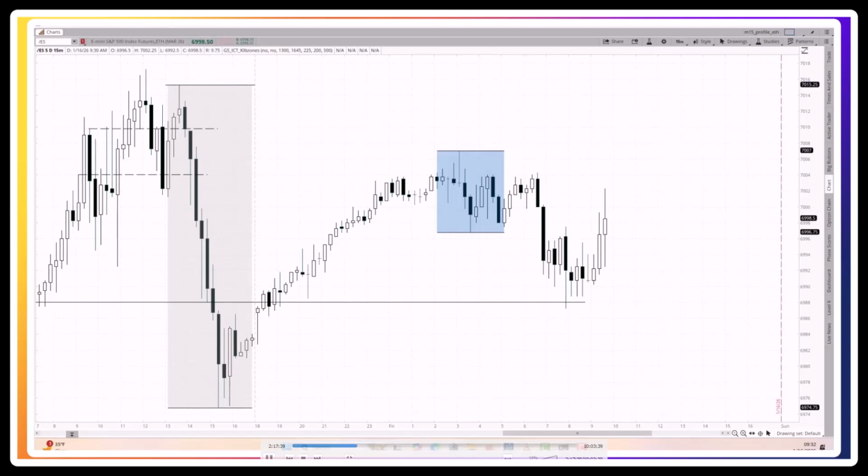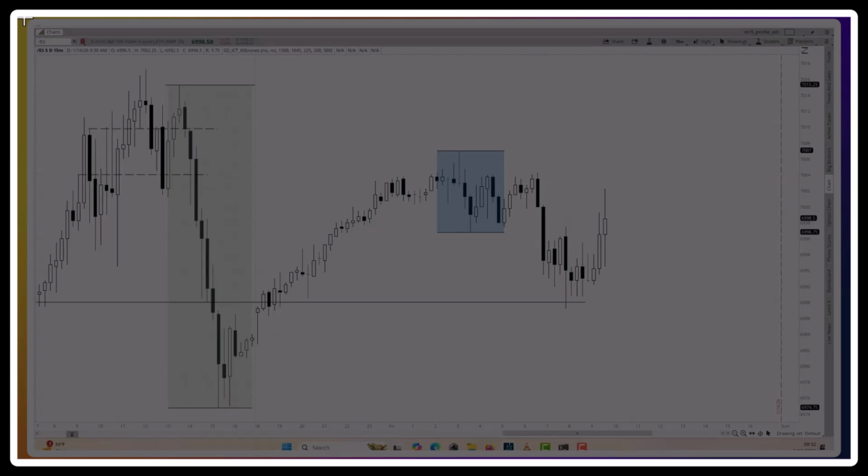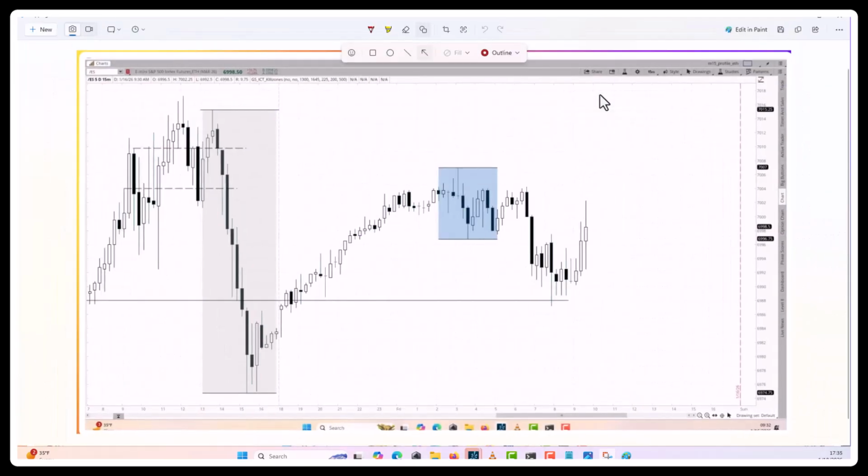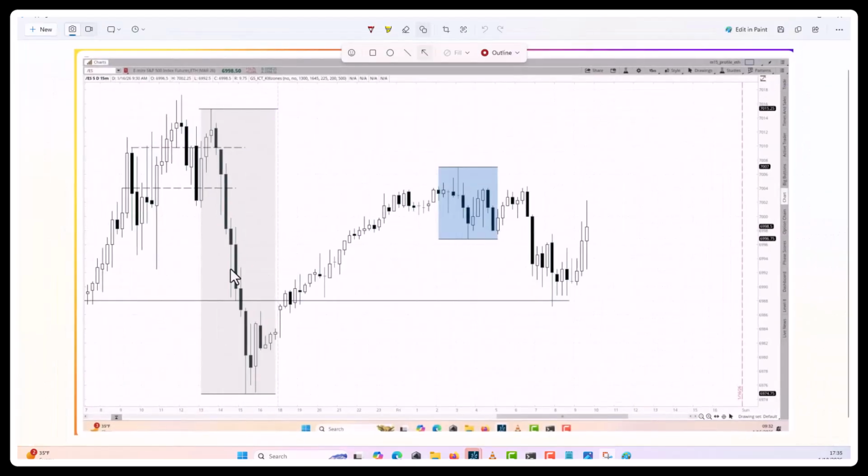Let's take a screenshot real quick. So what in here is a short that we don't see? You see the fair value gap right there? It filled the gap. That's where it got flipped.